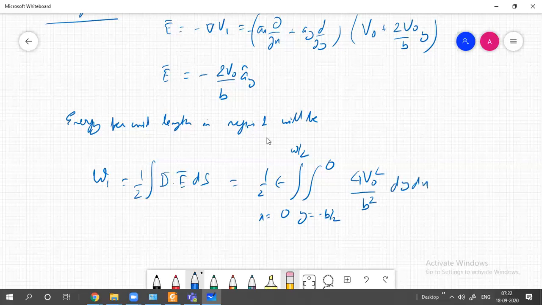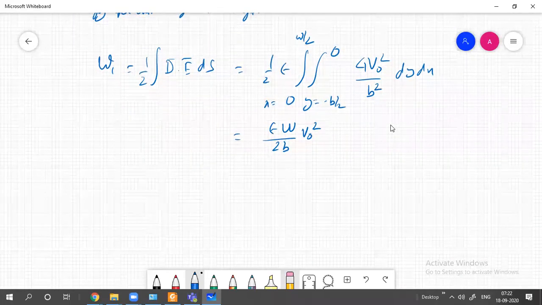If you solve this integral, we have epsilon W over 2b times V naught square. This is the energy stored in region 1. Now we need to find the energy stored in region 2.